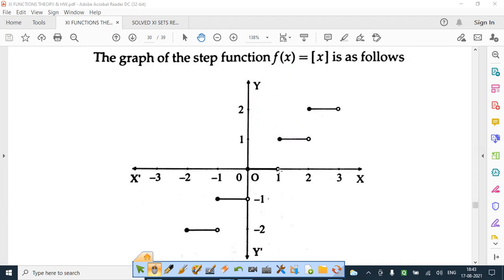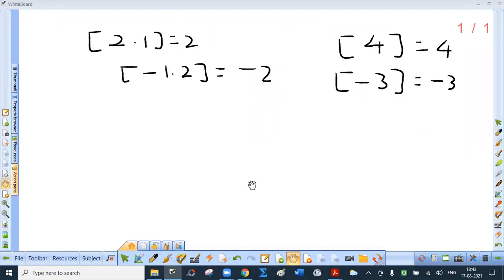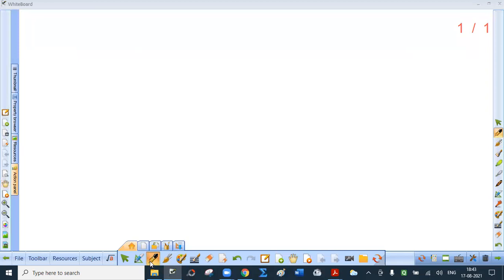From 0 to 1. See, 1 is not included. For numbers from 0 up to 1, the greatest integer not greater than that is 0. I'll explain, don't worry. The greatest integer not greater than 0 is 0. The greatest integer not greater than 0.1 is again 0.